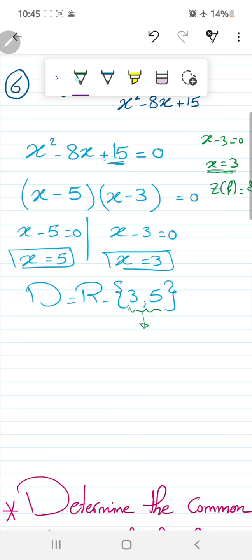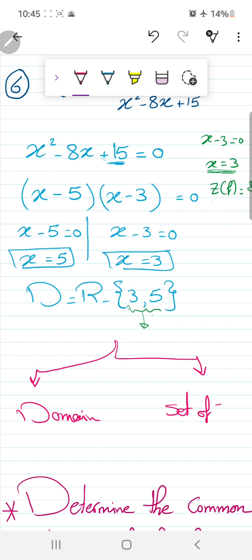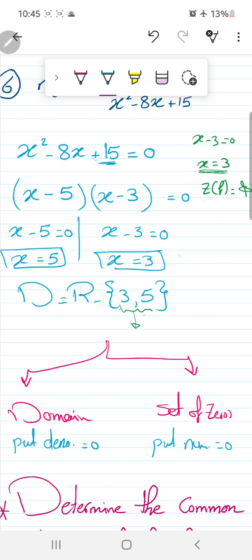In general, to get the domain and to get the set of zeros, as we said, to get the domain, put the denominator equals 0. To get the set of zeros, put the numerator equals 0. And don't forget, in the previous example, the set of zeros will be 5 because 3 and 5 are in the black list. Okay?